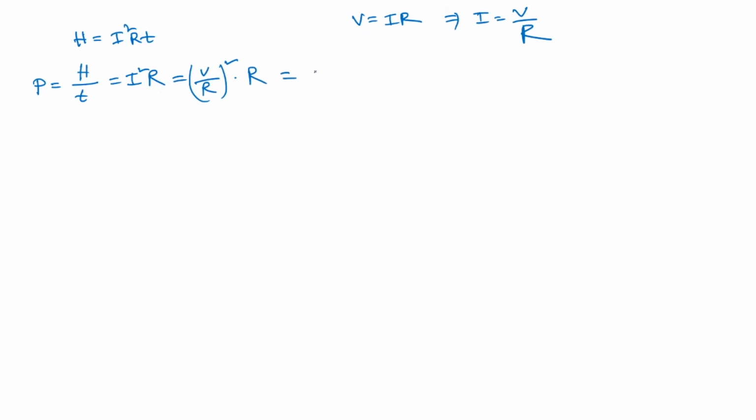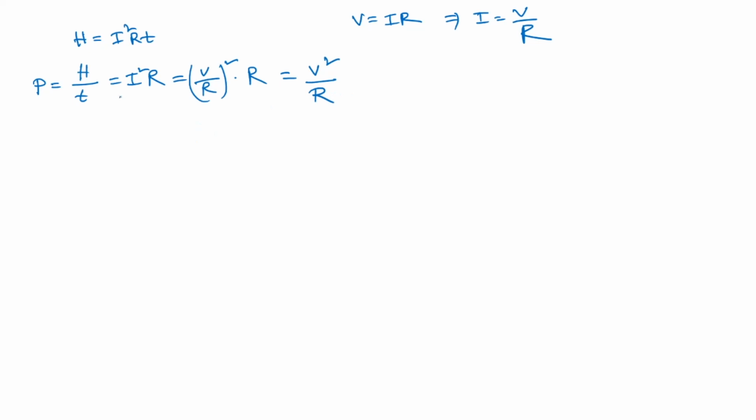So H by T, heat per unit time, is the power dissipation, that is equal to I square R. And from Ohm's law, V equals IR or I equals V by R. If we put V by R in place of I, we get V by R whole square into R, that is equal to V square by R.